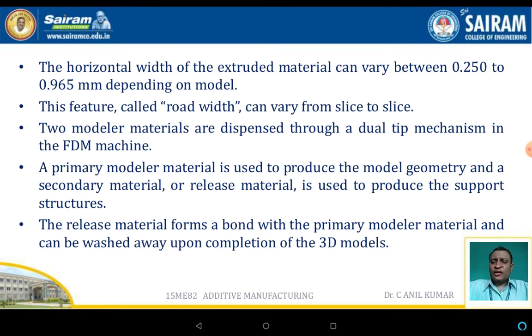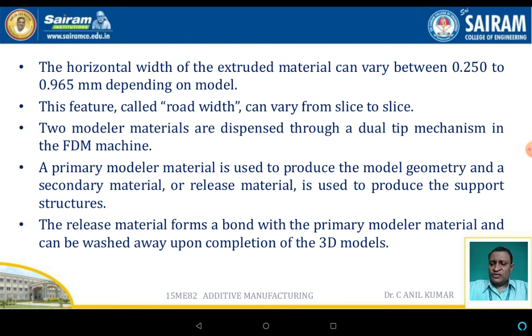The horizontal width of the extruded material can also be varied between 0.25 and 0.96 mm depending upon the model and the accuracy required. This feature, called road width, can vary from slice to slice, or from layer to layer. Two modeling materials are dispensed through the dual tips mechanism in FDM machines.